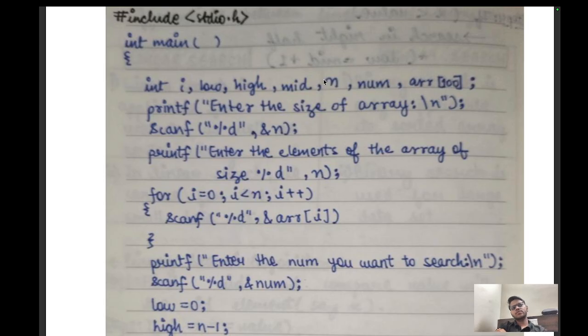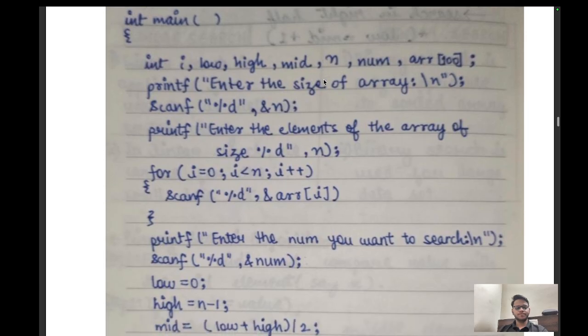Here the size is not fixed, and we are just taking the size of the array from the user, not denoting it ourselves. Low would be the leftmost point, the start of the array, and high would be the endmost part, the index where the array is ending. And when we divide this into two halves, we get the value mid.